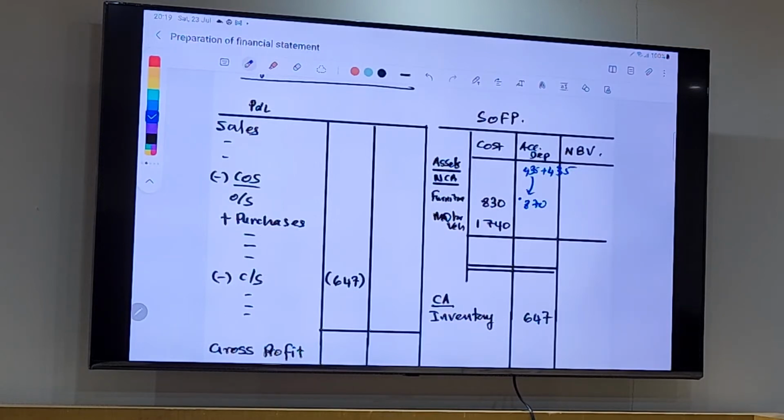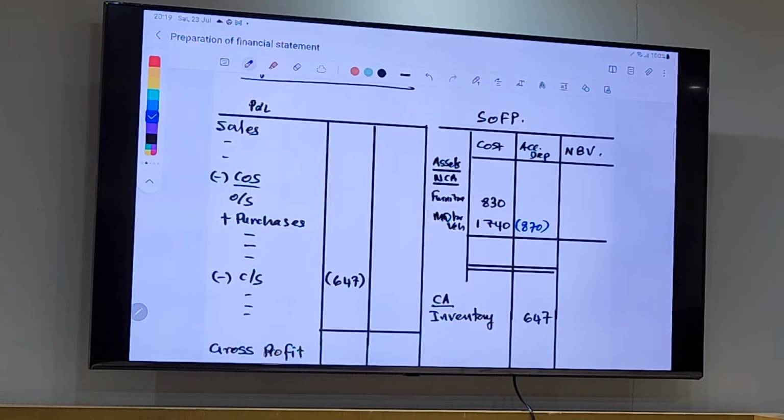Opening balance is whatever the depreciation calculated up to the last period, and the current year depreciation charge.